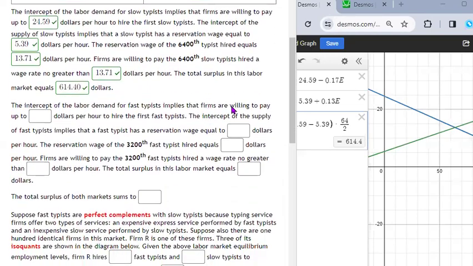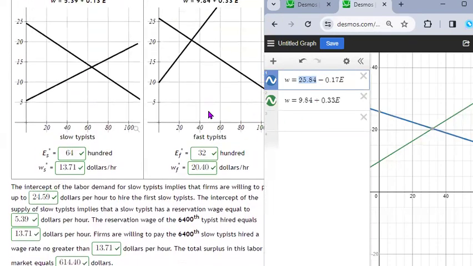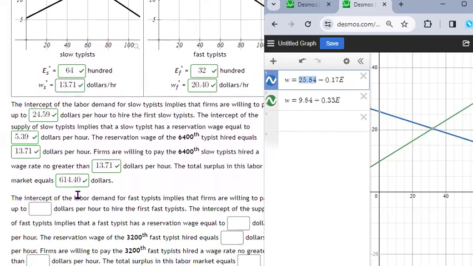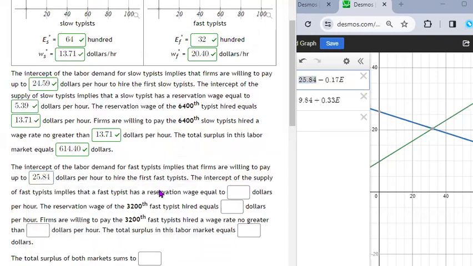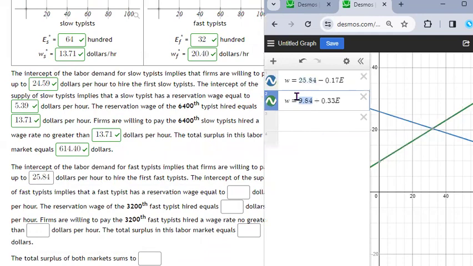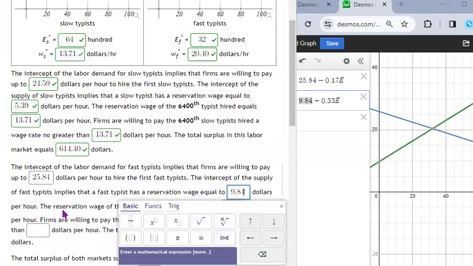Now, the intercept of the labor demand for the fast typist, 25.84, means firms will pay up to $25.84 per hour to hire the first fast typist. The intercept of the supply of fast typists, 9.84, implies that at least one fast typist has a reservation wage equal to $9.84, right?